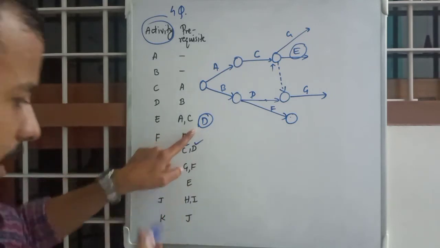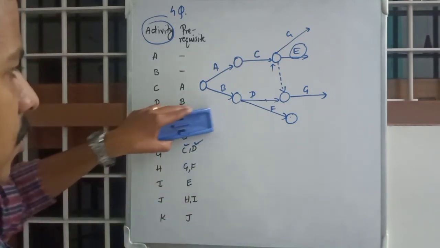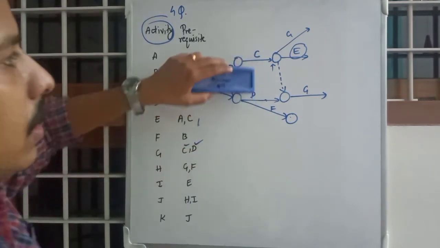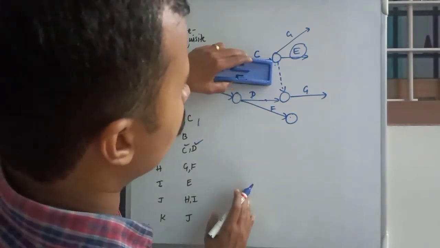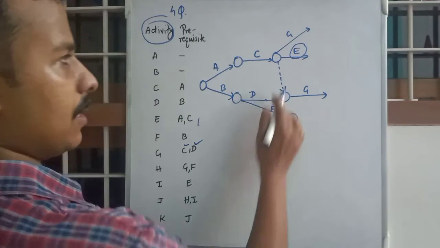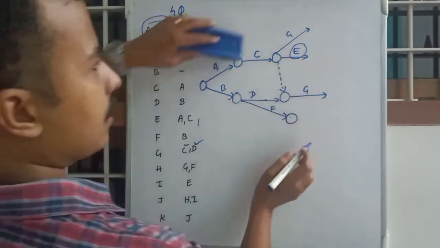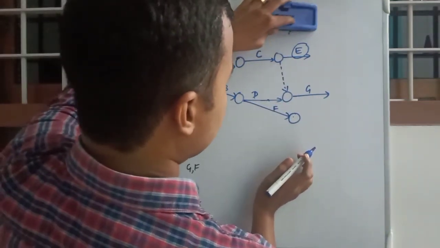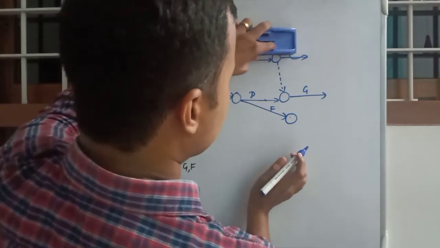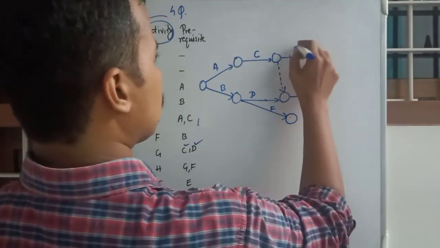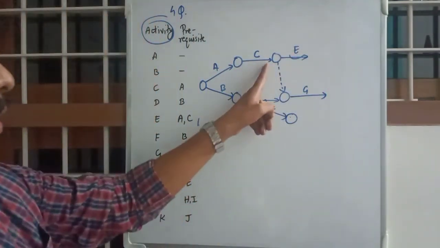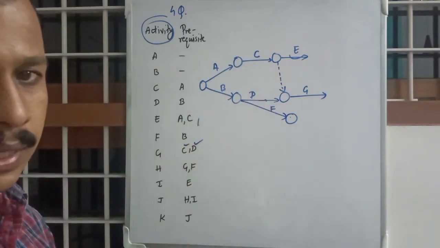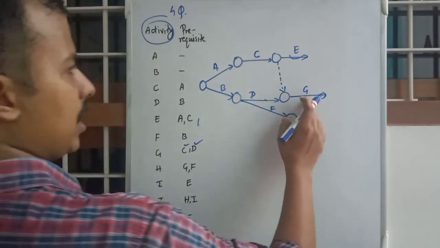So there is no D in here, so that means you cannot pick your arrow towards this event, and it's comfortable and logical with your question that you connect these two events with a dummy activity. Okay, so G is there.